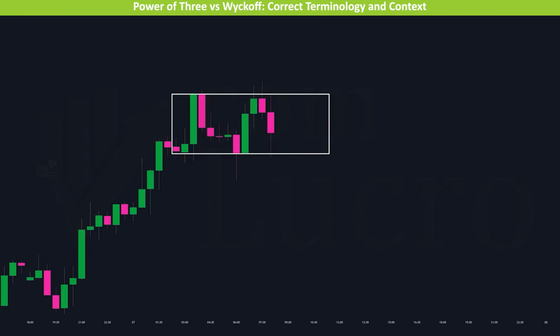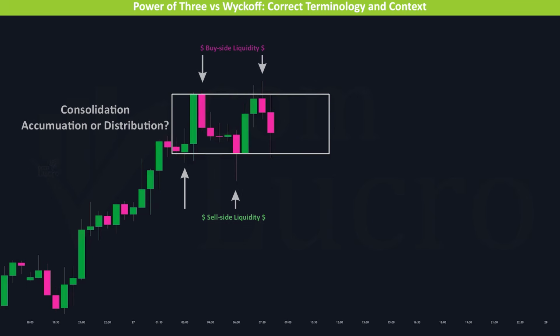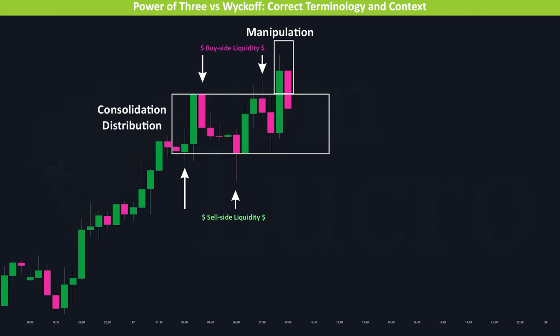It is important to understand that during a consolidation, you never know in real time whether it will result in accumulation or distribution. A consolidation only reveals its true nature after the next phase unfolds. Because of that, labeling a range too early as accumulation or distribution can be misleading. The correct way to think about it is that consolidation is neutral until the market shows its intention through continuation or reversal.